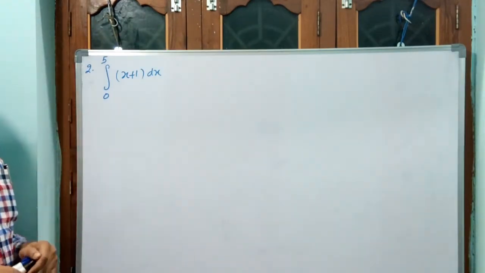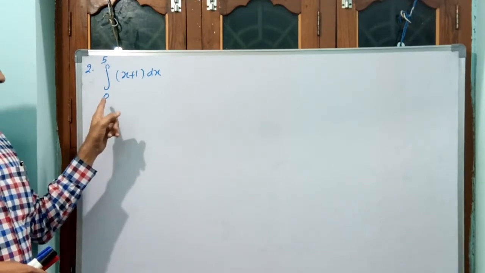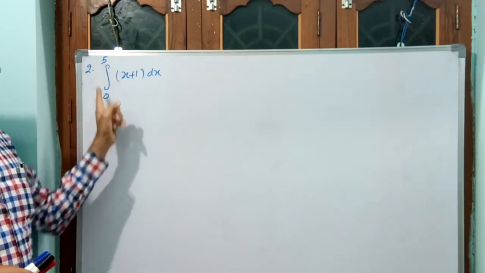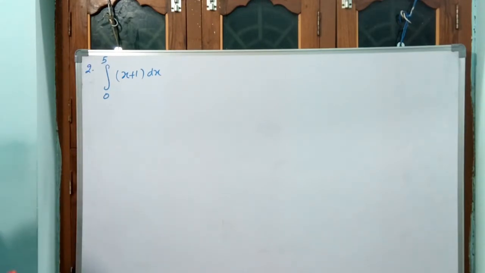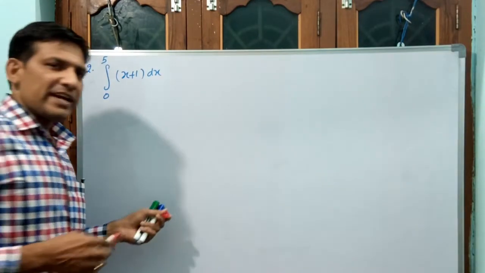See the second question: integral from 0 to 5, lower limit is 0, upper limit is 5, of x plus 1 dx. This you have to write. As usual, first let us write the standard formula.